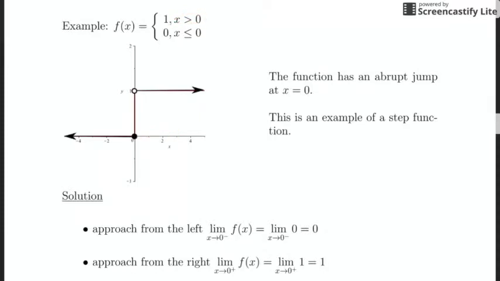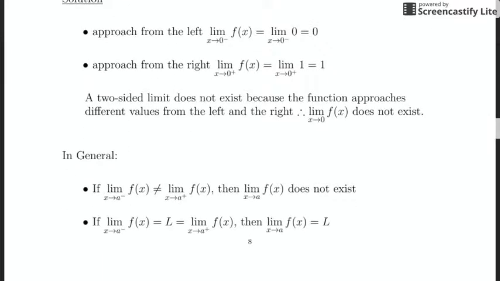Now, if we ride along this function, it looks like we're going to get a y-coordinate of 1, because we are always riding along this part of the function. So the answer is 1. Approaching from the left and from the right gives us two different values. So the two-sided limit does not exist.